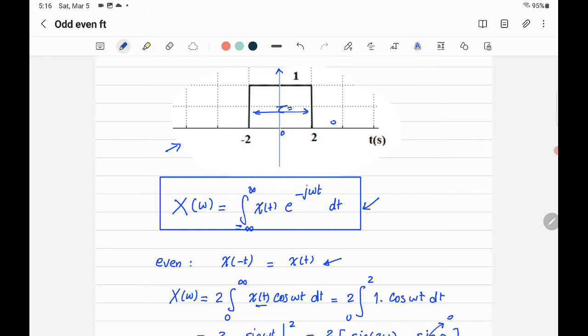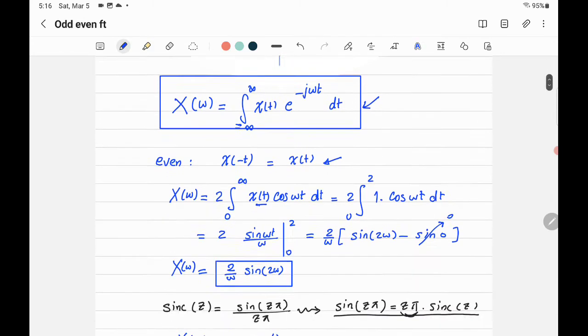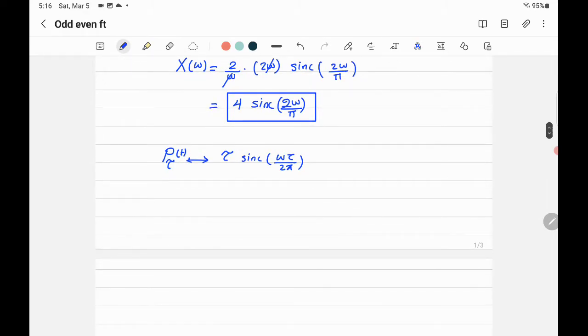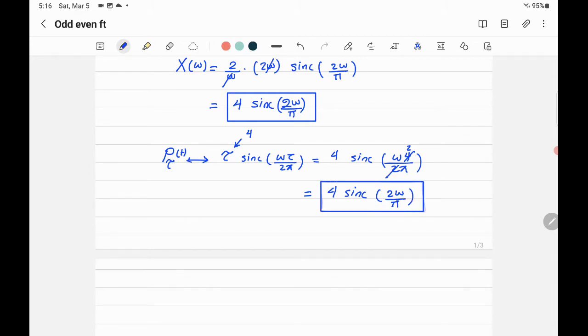So tau is equal to 4 in this case, and the amplitude is 1, a unit pulse. So you have 4 sinc omega tau, with tau equal to 4, divided by 2 pi. The 2 cancels, 4 over 2 is 2, so the answer will be equal to 4 sinc 2 omega over pi. Using the transform pair from the table that is given to you, you'll find that you get the same answer.